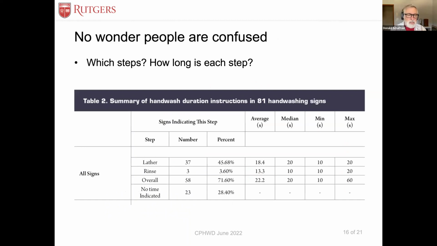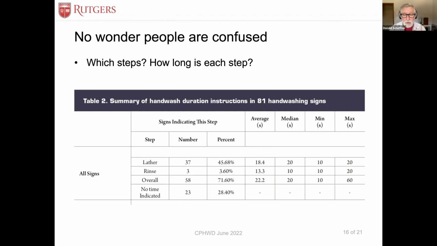And so what you can see here, he found 81 different and unique hand washing signs, and you can see that they really are quite different. For example, some of the hand washing signs indicated lathering, some indicated rinsing, some indicated an overall time that you should wash your hands. And then there's some signs that just told you to wash your hands.